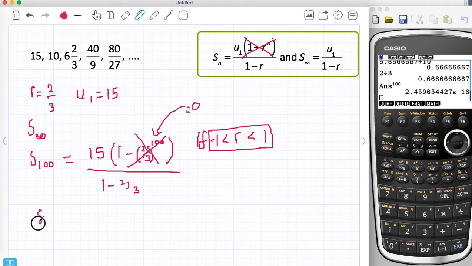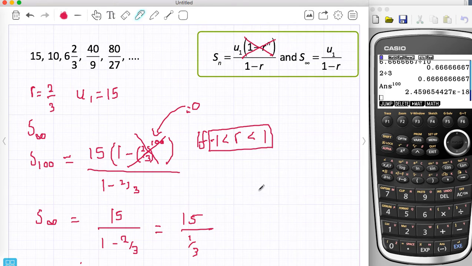So let's go back and say, well, actually the sum to infinity is simply u1, 15, over 1 minus 2/3. Now one thing that I will warn you about here is we're going to have 15 divided by 1 minus 2/3, which is 1/3. I do find a lot of students that think that 15 divided by 1/3 is 5.